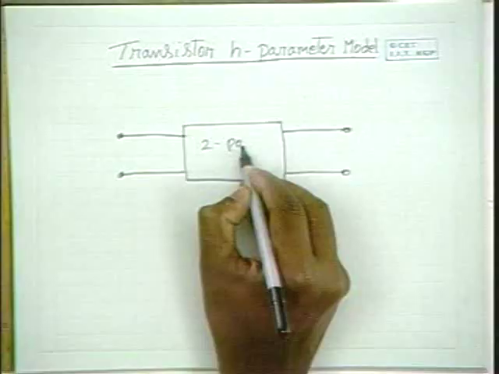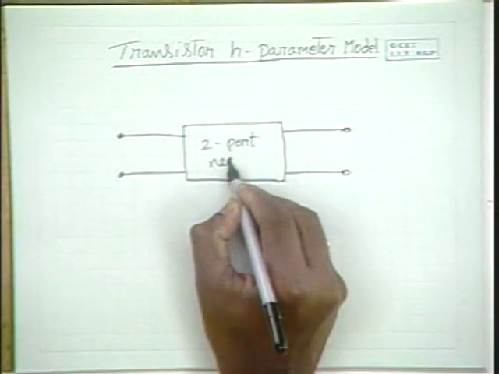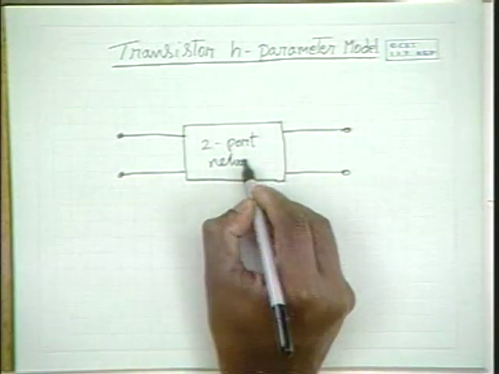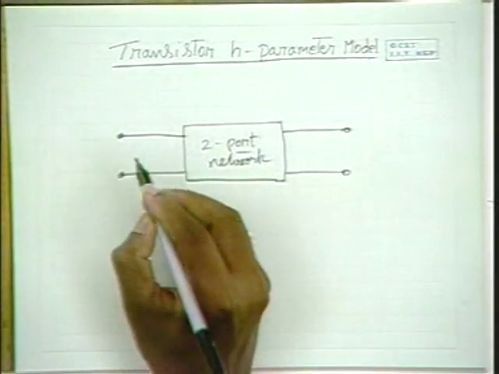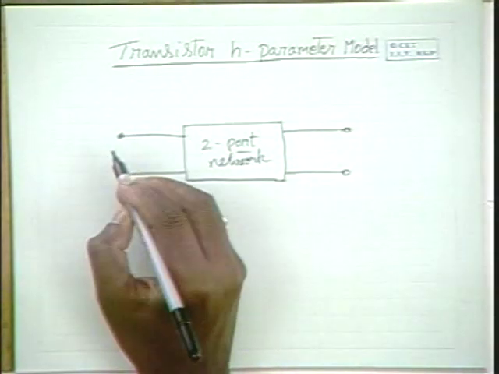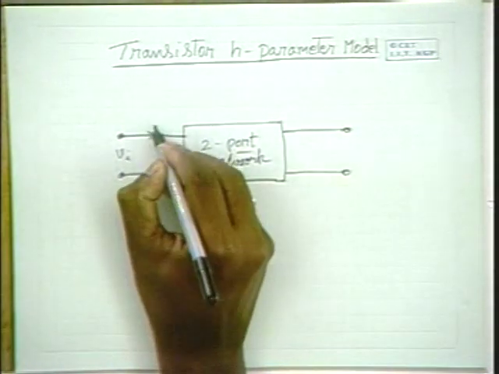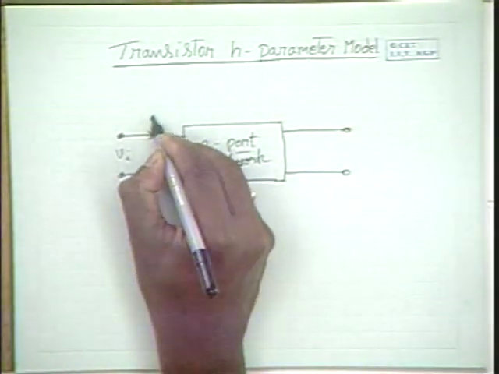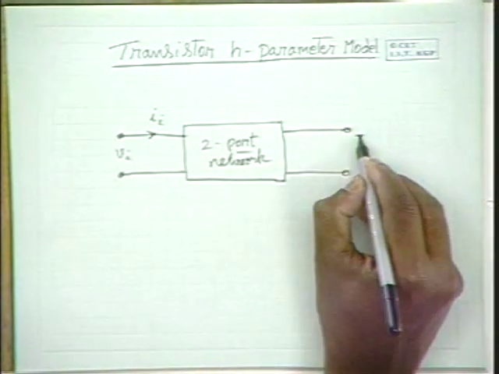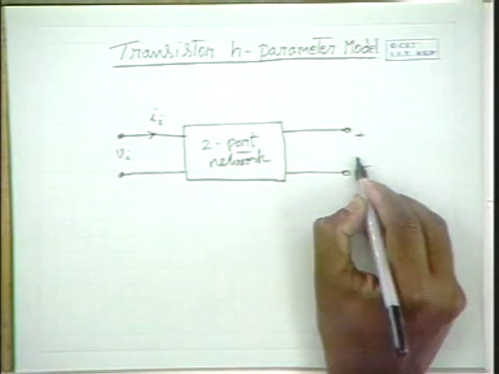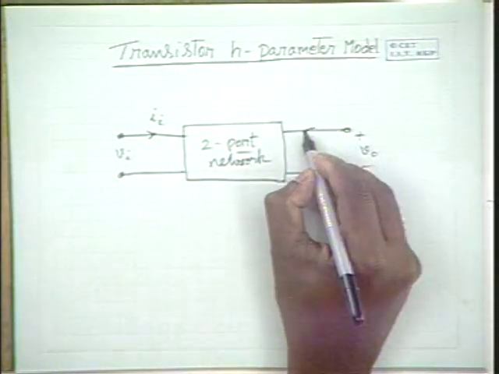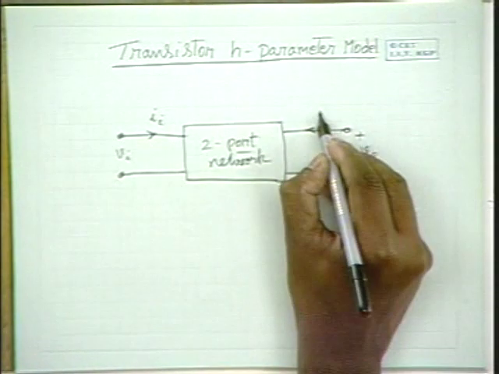A transistor is a two-port network, as shown here, with some input voltage here given as Vi and input current given as Ii, and output voltage V0 and output current I0.